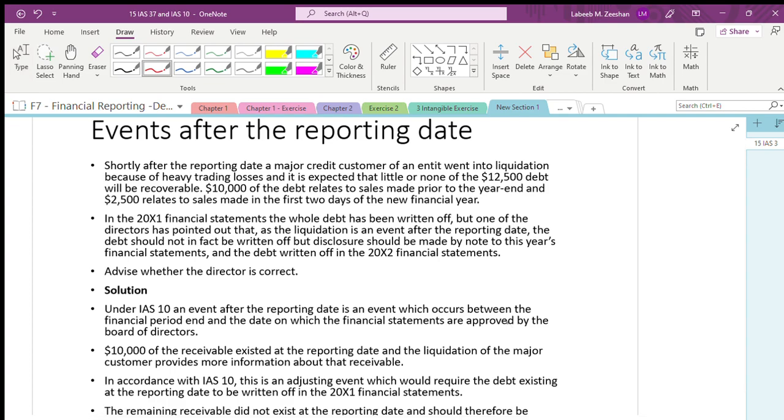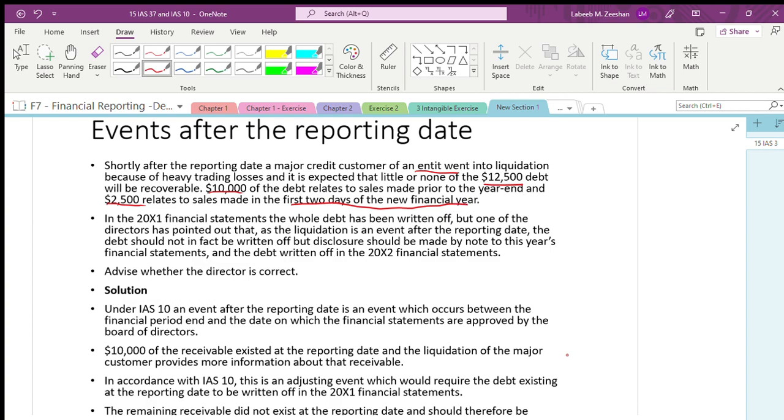Shortly after the reporting date, a major credit customer of an entity went into liquidation after heavy losses, and it is expected that little or none of the 12,500 debt will be recoverable. 10,000 of the debt relates to sales made prior to year end and 2,500 to sales of the first 2 days of the financial year.